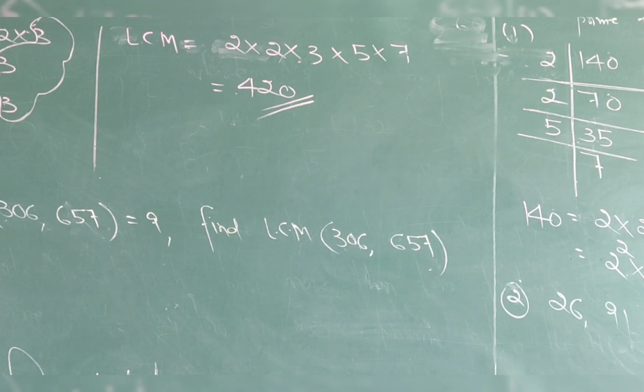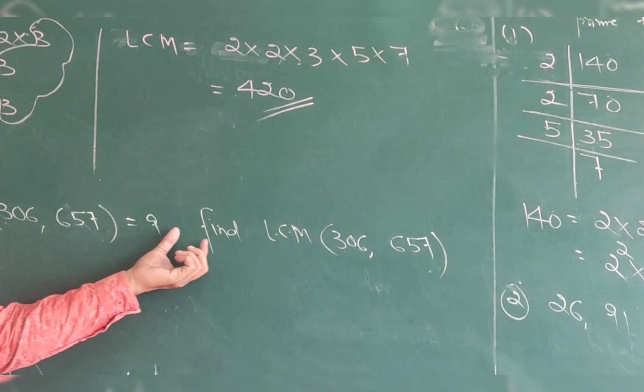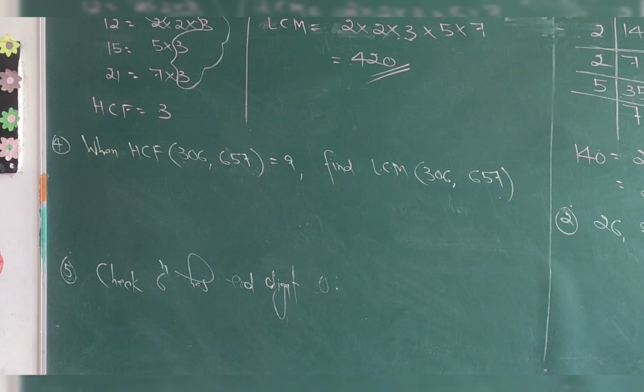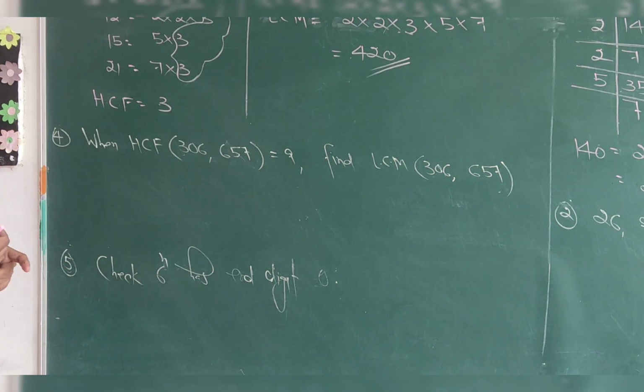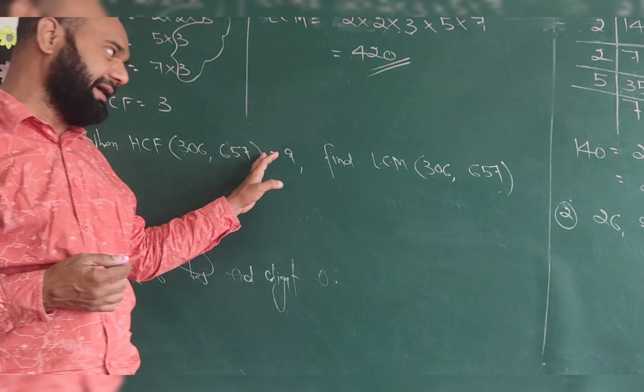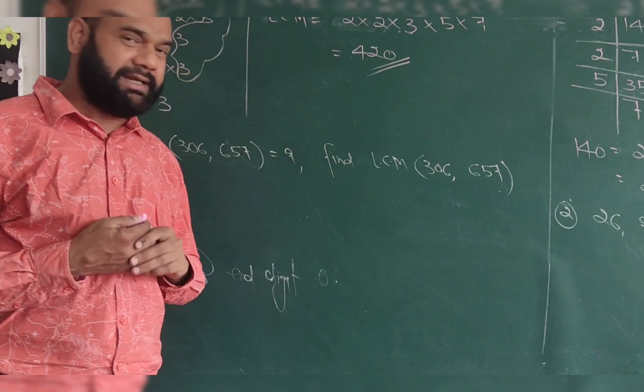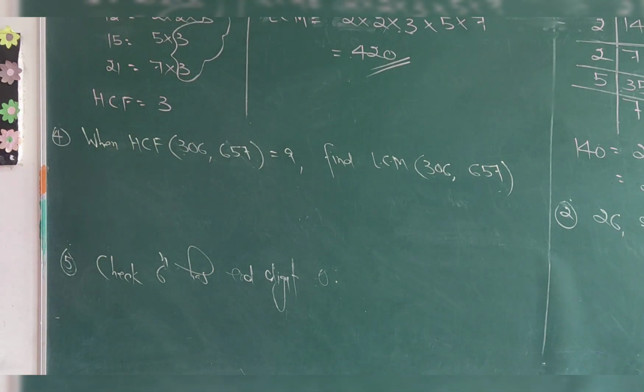Next question: the highest common factor of 306 and 657 is 9. Now the question is, the highest common factor of 306 and 657 is 9, then find the LCM of 306 and 657.